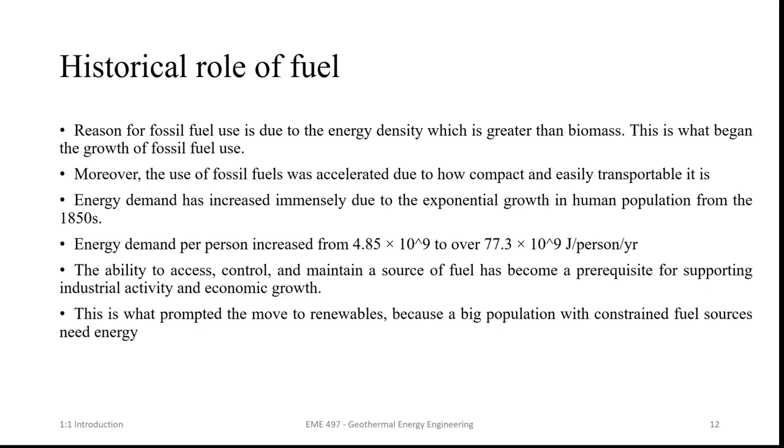fossil fuels are easy to ramp up and down their electricity production. What I mean by that is, as opposed to renewables, which is another thorn in the renewable switch, humans' consumption of energy changes throughout the day, right?